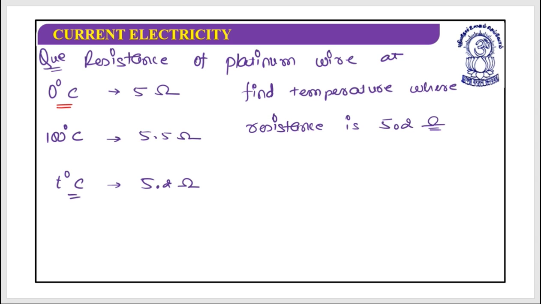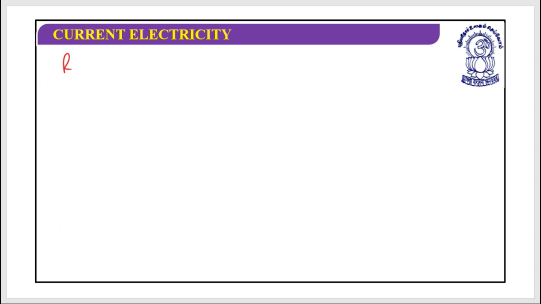So my basic relation is R_T is equal to R naught into bracket 1 plus alpha into T. This T represents the change in the temperature. So let's suppose that R of T is equal to R naught into bracket 1 plus alpha, and this temperature difference can be written as T minus T naught.